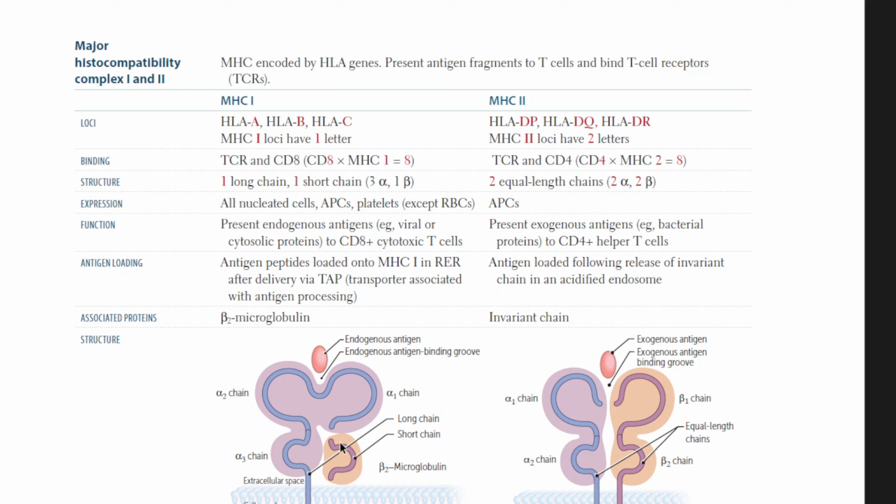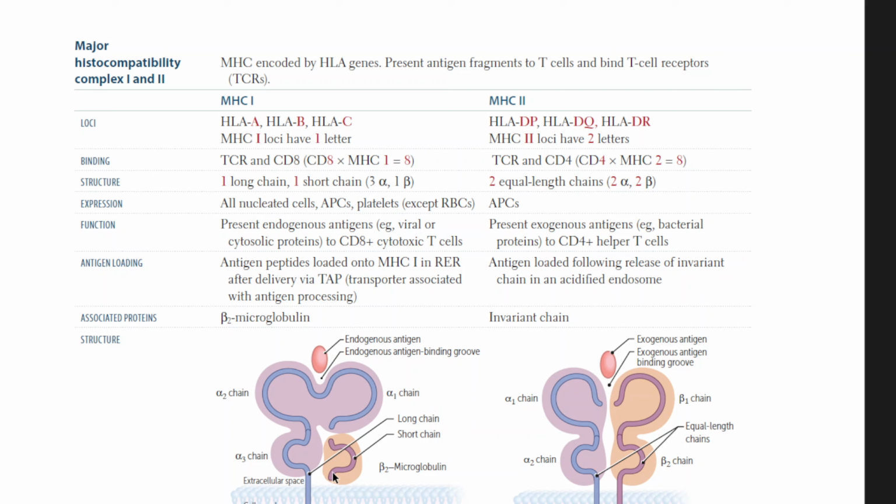Another thing is that it's associated with a microglobulin. This microglobulin, you can see B2, to help you remember, it's like it has a little cane here to help her. So it only has 1 leg, but there's a little molecule here that helps her stand.